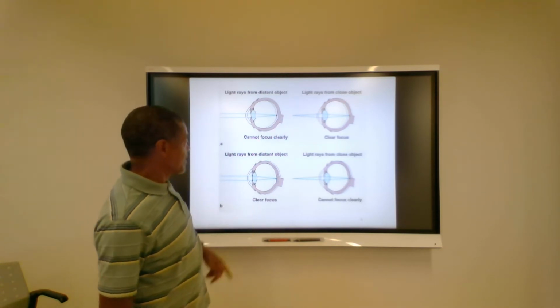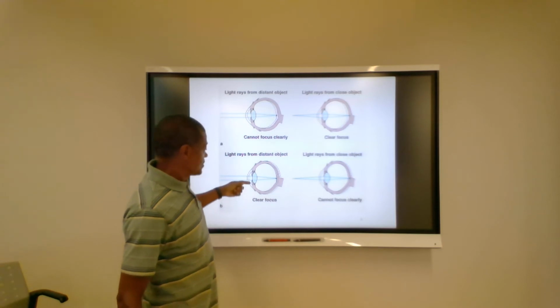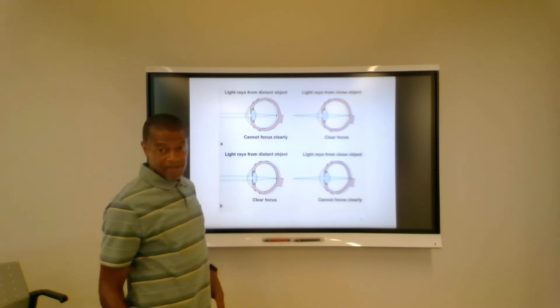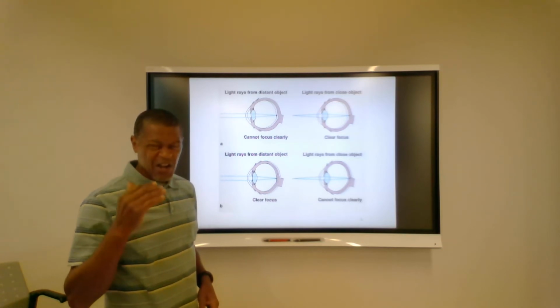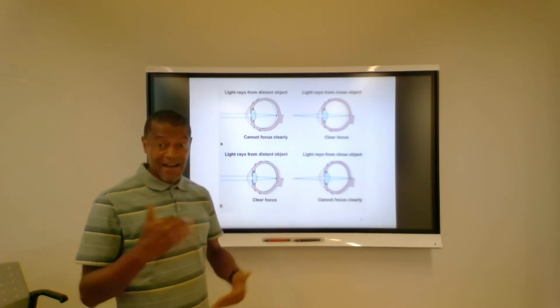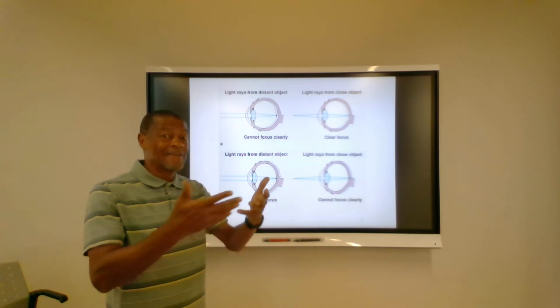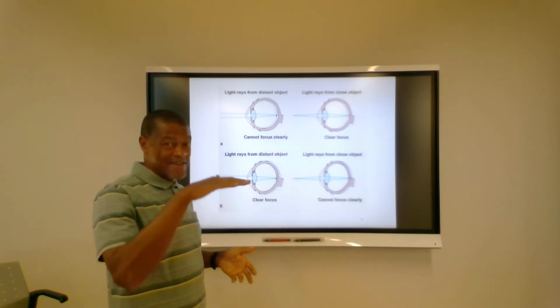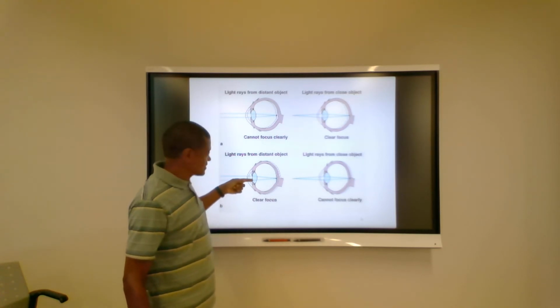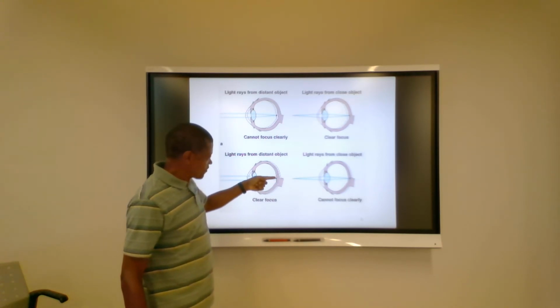So to correct that, you need glasses, or the eye will not be seeing right. So the corrective lenses are like your lens in your eyeball, but they're correcting the way that the light is shining onto the eye. So now with the corrected lens, it shines right onto the fovea, right onto the back of the retina.